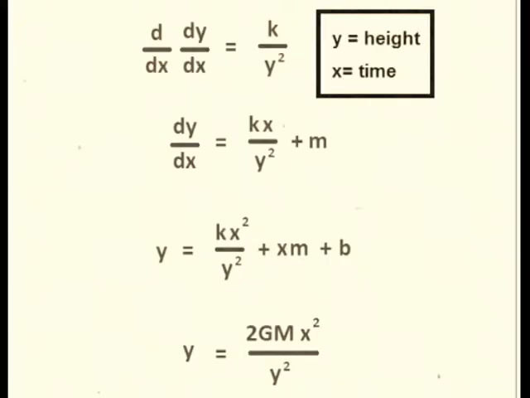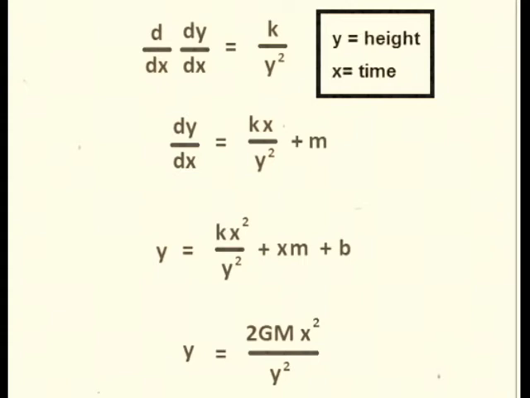An acceleration represented by an inverse square law would be d/dx of dy/dx equals k over y squared, where y is the height, x is the time, and k is a constant. Using an antiderivative, we can get dy/dx equals kx over y squared, plus a constant m.